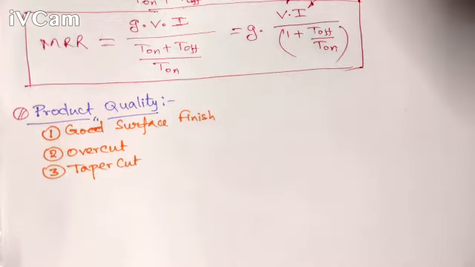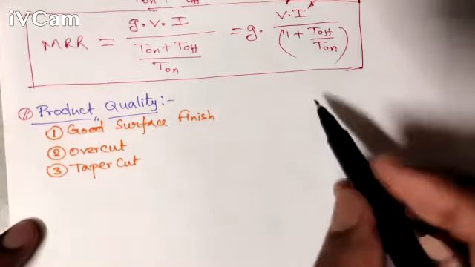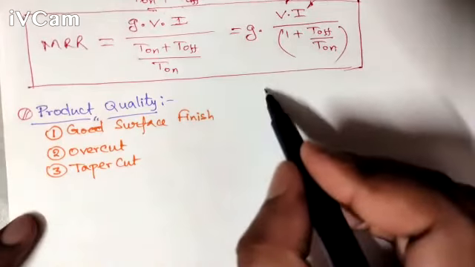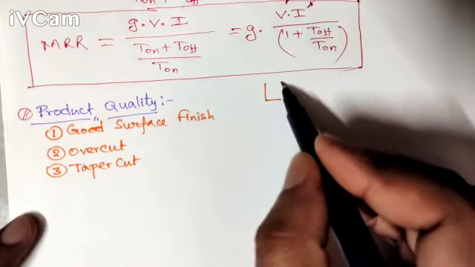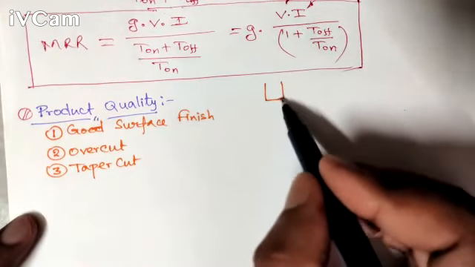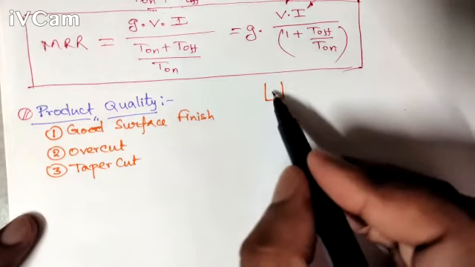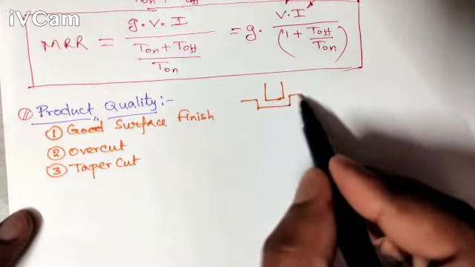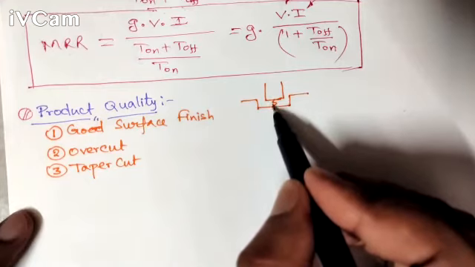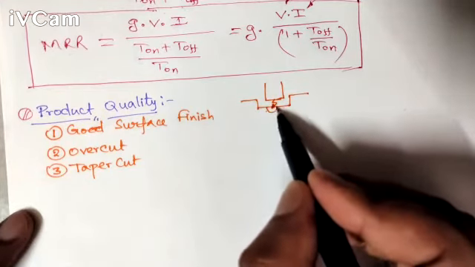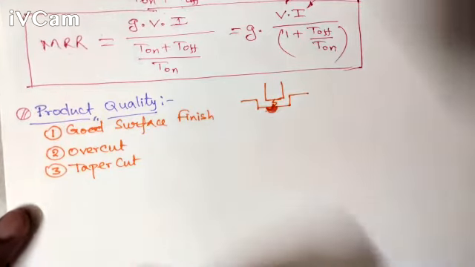Okay, now in the previous case what I said, that we had a tool, and we have supplied 1 ampere current. Because of that, only one spark got generated, which is forming one crater.